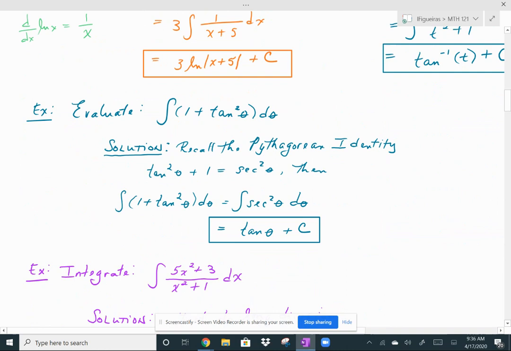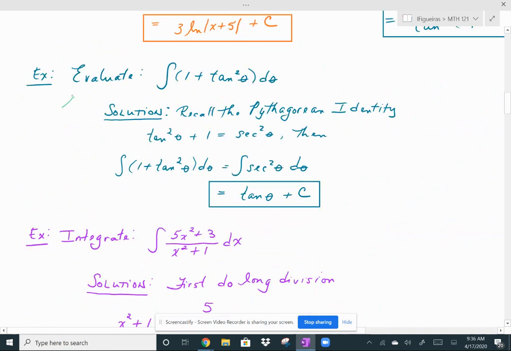All right, here's another one. We want to evaluate the integral of 1 plus tangent squared of theta d theta. All right, so it's easy to take the antiderivative of 1, but tangent squared is not the derivative of anything that we are familiar with. So we're not going to be able to integrate this as it is, but it is one of the Pythagorean identities.